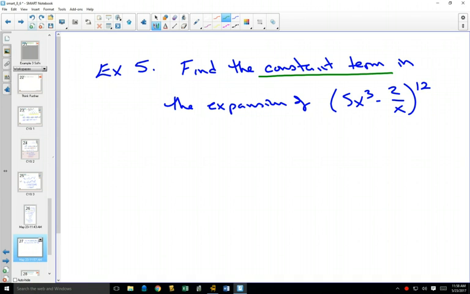It's a term with no variables. It's just a number. Now, finding the constant term means if there's no variables, it's like having an x to the 0, because x to the 0 is 1, and then you would just have a number. So in the expansion, if we take out our formula and we put in everything we know, we don't know k.